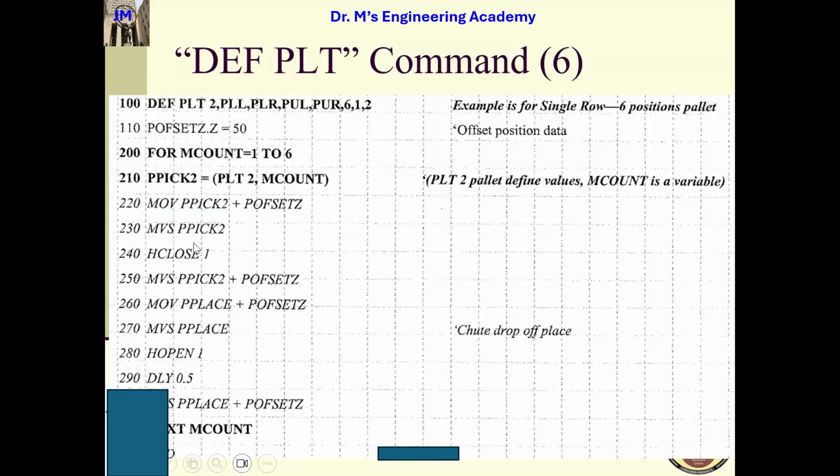You move to the place just above this pp2, and then move straight onto pp2. Then you close your hand, retract your hand onto this offset place, and then go to the p place. Okay, MVS p place. Open your hand, delay, then move back, retract your hand, and go to the next count, the next index, next iteration.